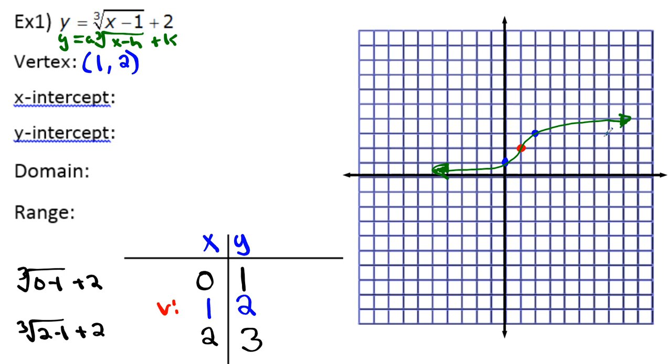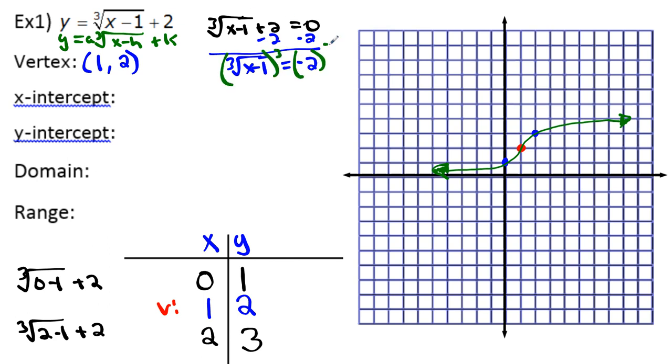Now, x-intercept. Remember, for the x-intercept, we plug in a 0 for y and solve for x. That just goes back to what we did in 9.2. So we're going to take this equation, the cube root of x minus 1 plus 2, set it equal to 0, and solve for x. Minus 2, minus 2. Now we have the cube root of x minus 1 all by itself equal to negative 2. We're going to cube both sides because that's the opposite of a cube root.